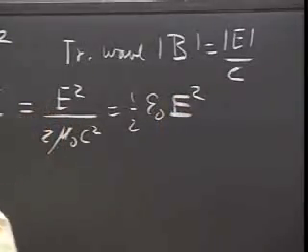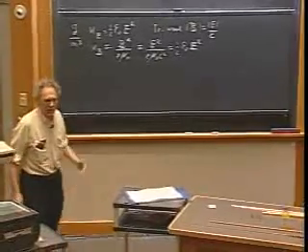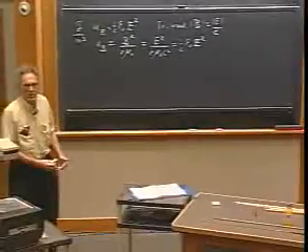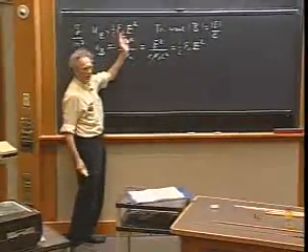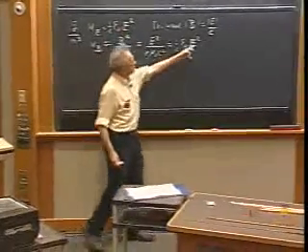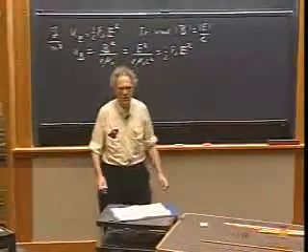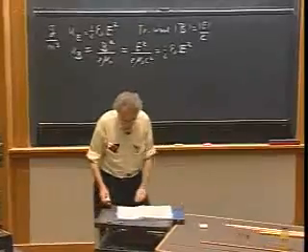And what you see now is so wonderful, so beautifully symmetric in electromagnetic waves. One is the same as the other. One cannot exist without the other. The energy density in the electric field of a traveling wave is exactly the same as the energy density in the magnetic field.